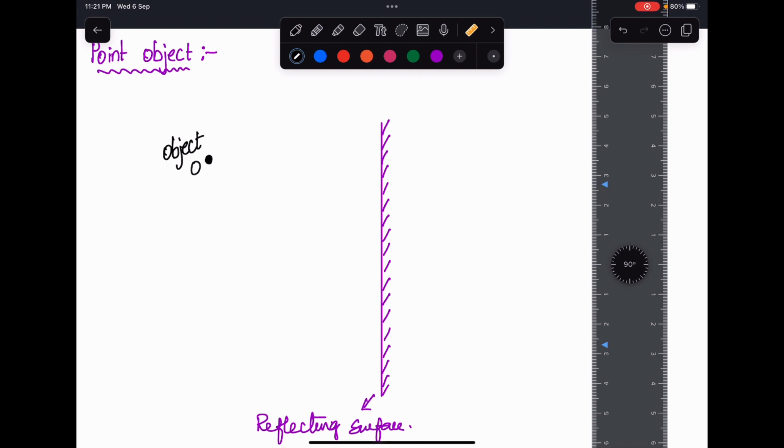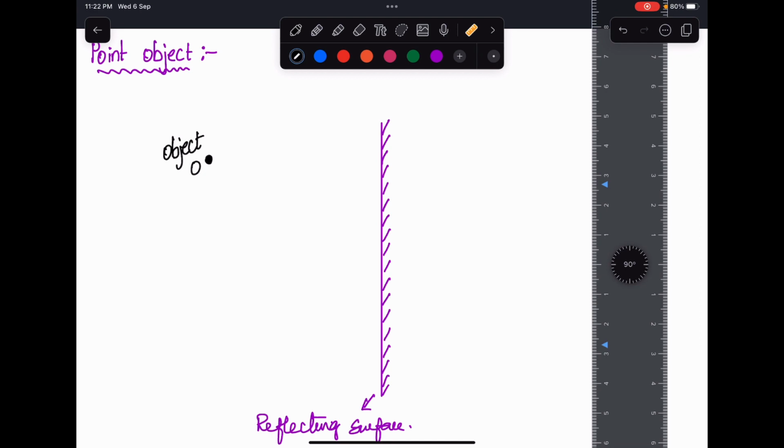So basically the light emits or the light gets reflected by an object. Now we are saying point source means it emits light, point object means it reflects light from a different source of light. So due to that the light will travel in different directions, in 360 degrees, all directions, right?